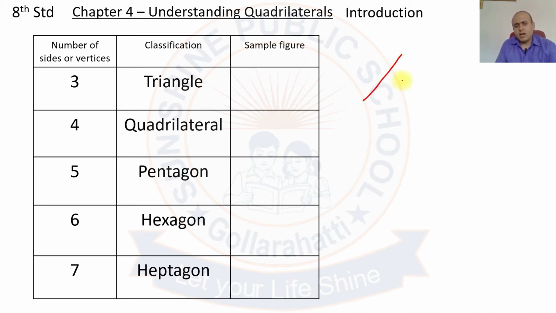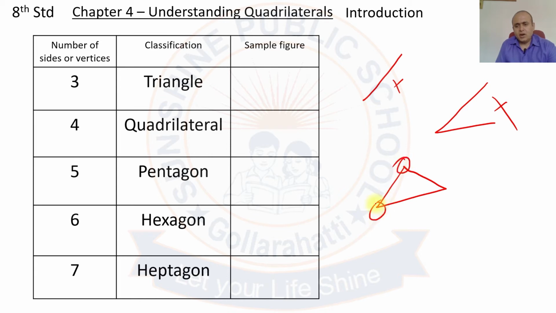And again, a two-line figure is not a polygon. There are two line segments but it is not closed, so it is not called a polygon. For a polygon we need a minimum of three lines to form a simple closed curve. Therefore we start with number 3, that is three sides or three vertices.